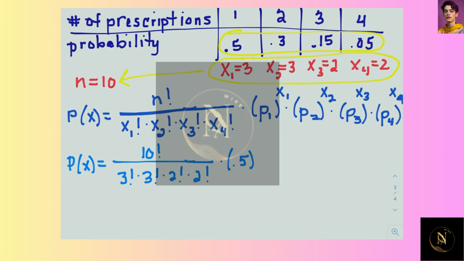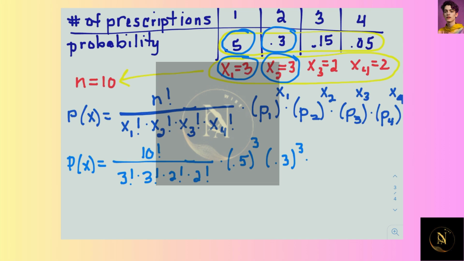0.5 raised to the 3rd power. So the 0.5 was here, that's your P1, raised to the X1 power, multiplied by 0.3 raised to the 3rd power. So the P2, or the second event, was a probability of 0.3 raised to the X sub 2 power.